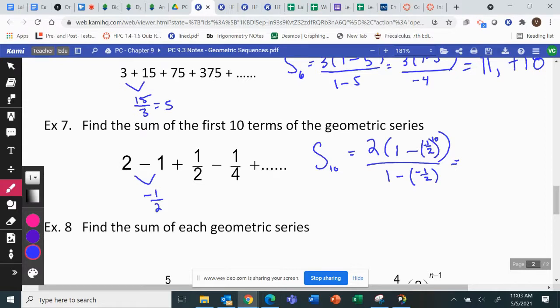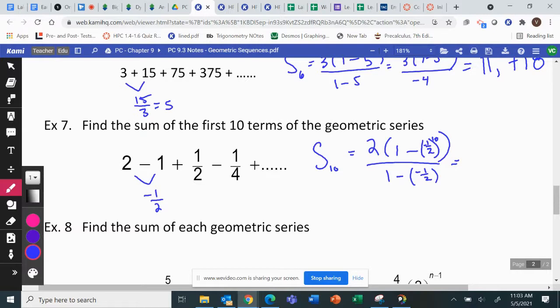What'd you get, John? Can you math enter that and change it into a fraction? Mine's a fraction. Okay. 341. That's what I got. 341 over 256 is correct.